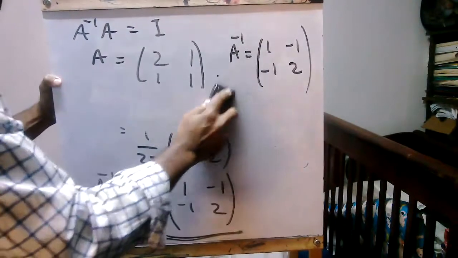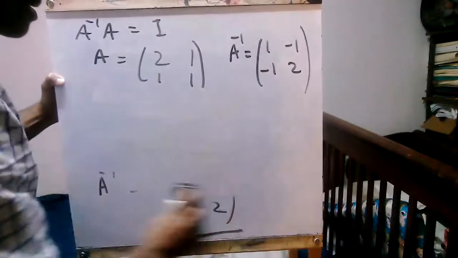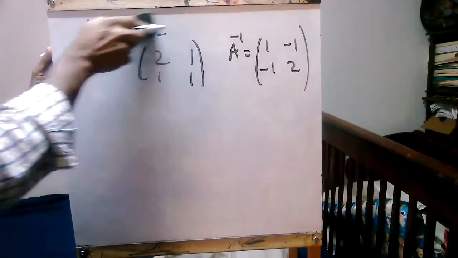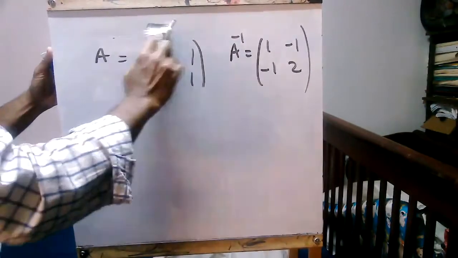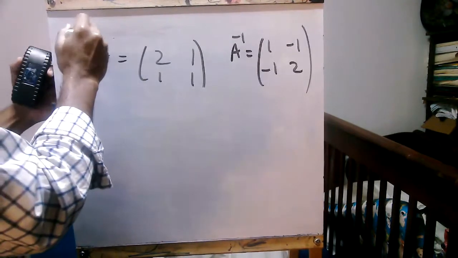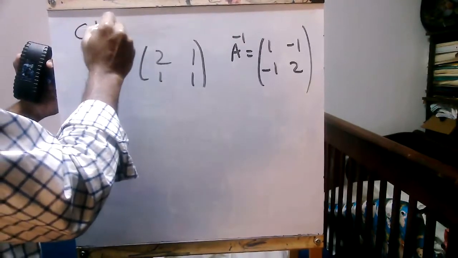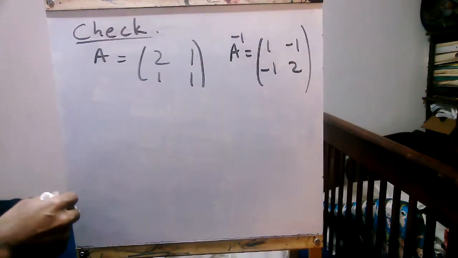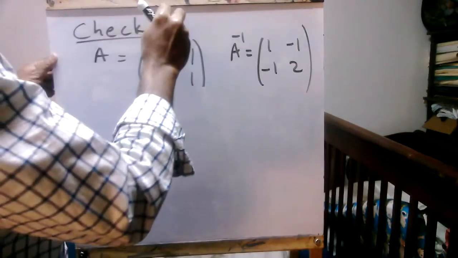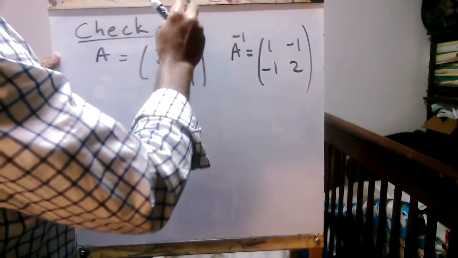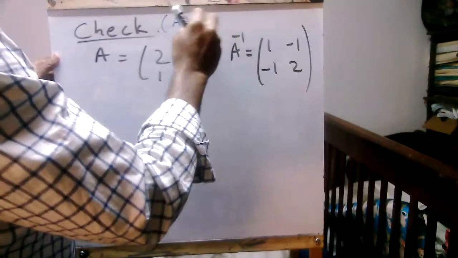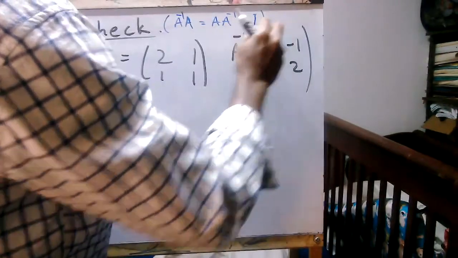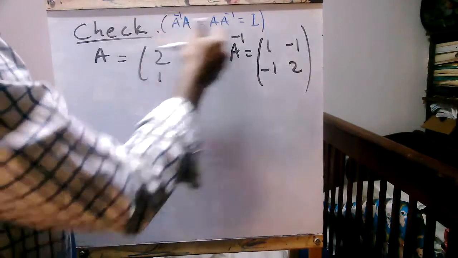Now what we want to check is A inverse A or A A inverse, both the same, equal to I. If you check one of these, that's good enough.